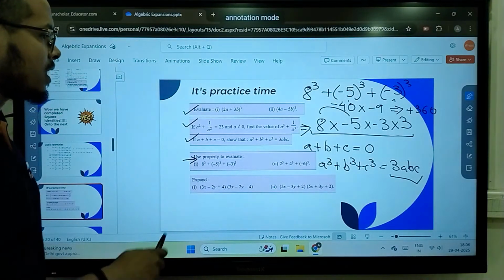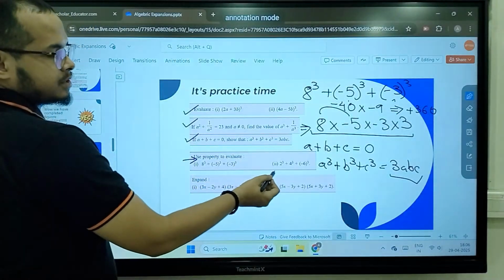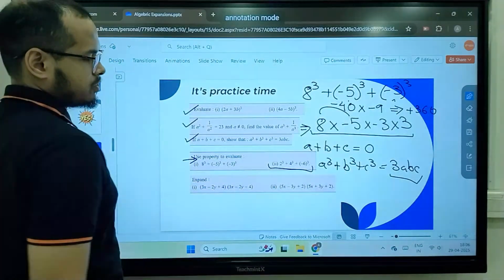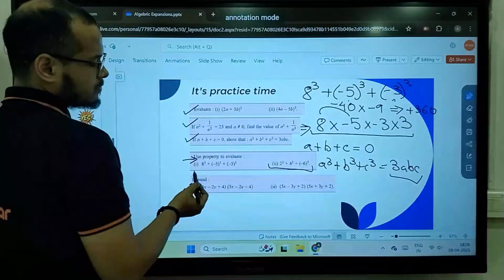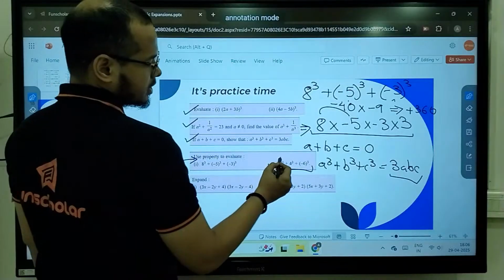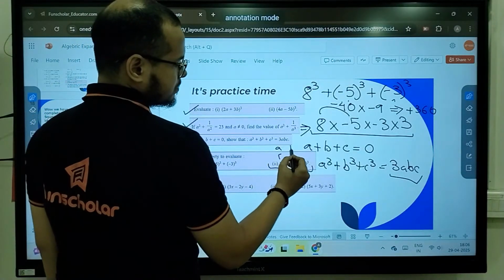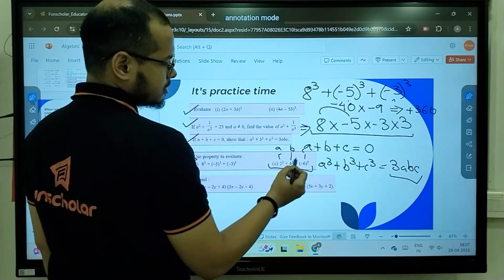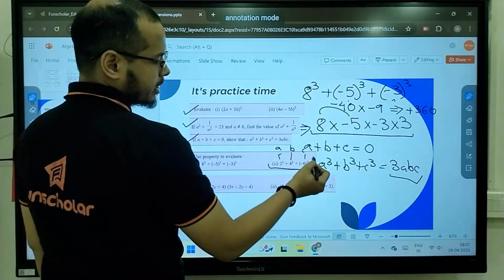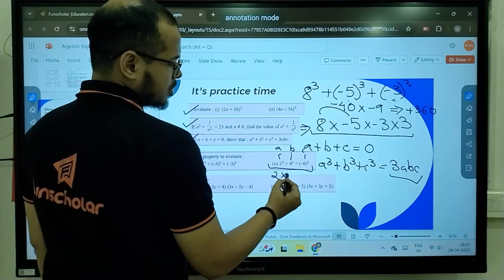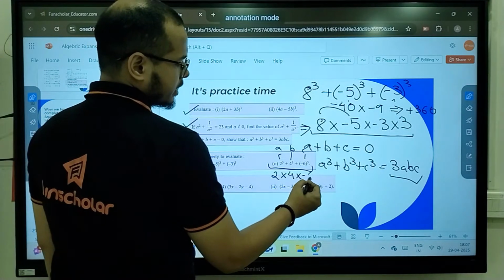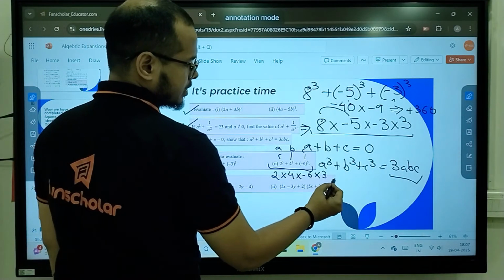Anyway, let's go for this particular sum next. Now see, as you are already okay with finding the value of abc, let's find it out. So if this is a, this is b, and this is c, a plus b plus c, so 2 plus 4 is 6, minus 6 is 0, so the answer will be straight nothing but 2 into 4 into minus 6 into 3.